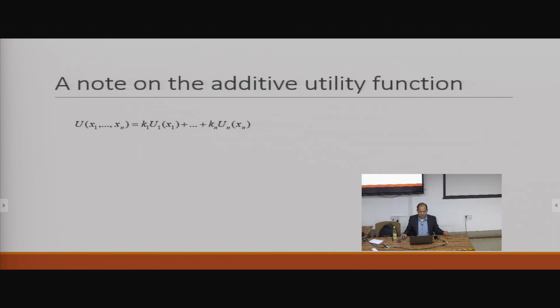So I just wanted to spend some time talking about the additive utility function, which is prevalent in industry quite a bit, where we would say, you know what, we have all these attributes, assign a weight to these attributes, add them together, and then you find the overall merit of a design or an alternative, and that is fraught with a lot of issues.